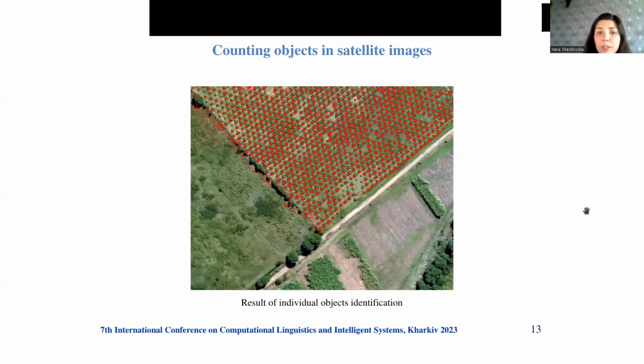The next step of the algorithm is counting of the objects. It can be realized on the basis of connected components of the image identification. And in this slide, you can see the result of individual objects identification.